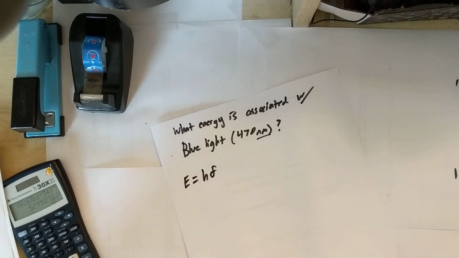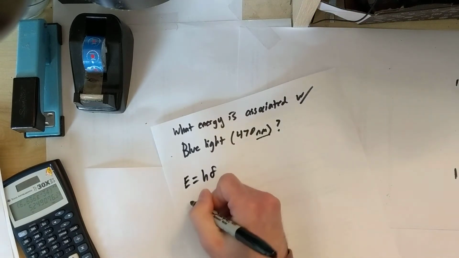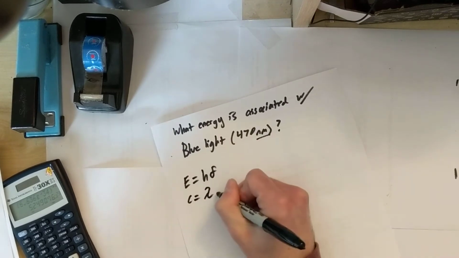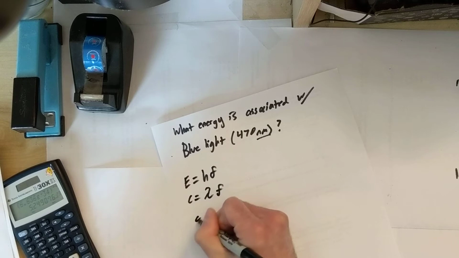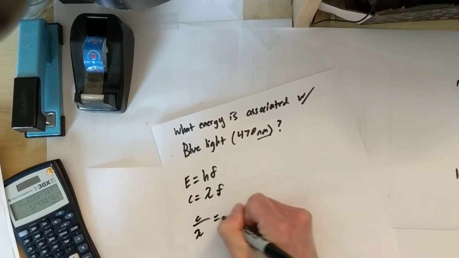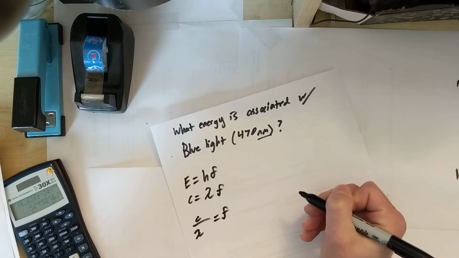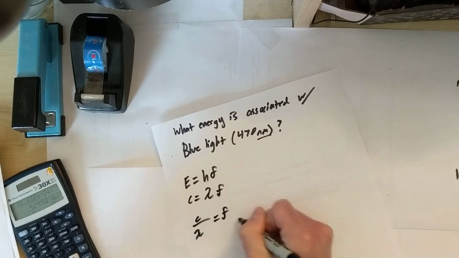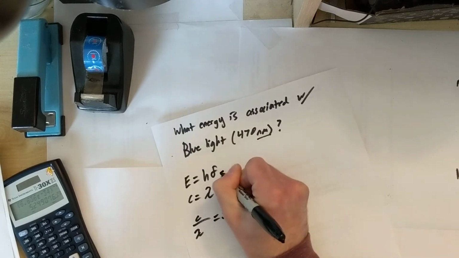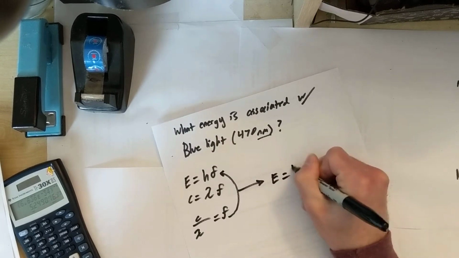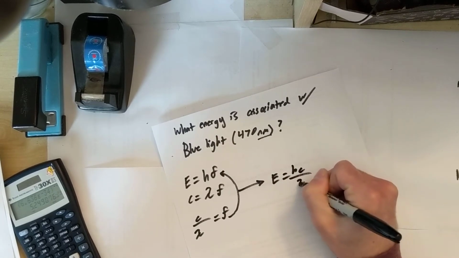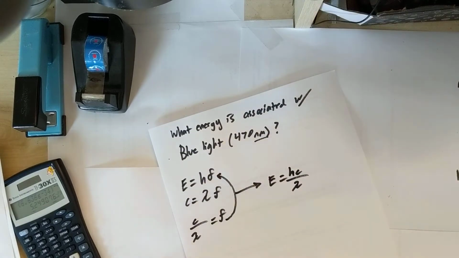I'll use the fact that C equals lambda F to rearrange to C over lambda equals F. Then we plug F back in, and we get E equals HC over lambda. We no longer have F in there anymore.